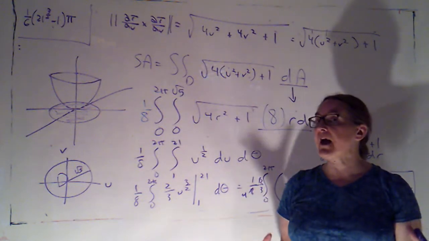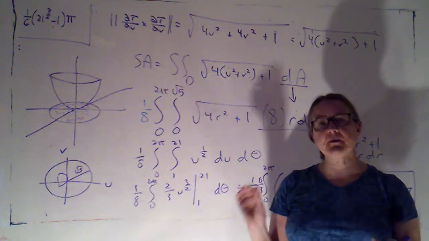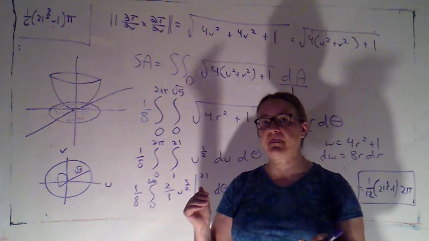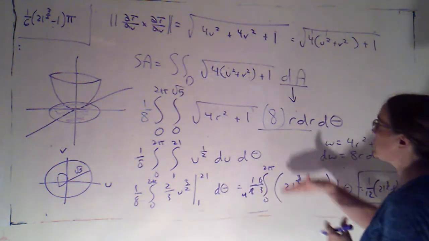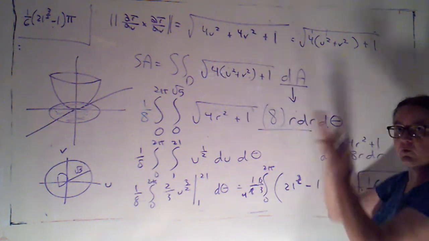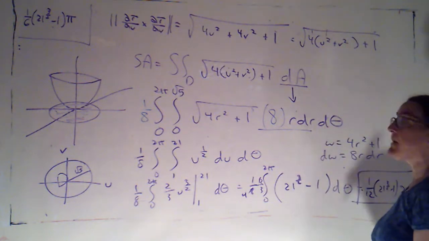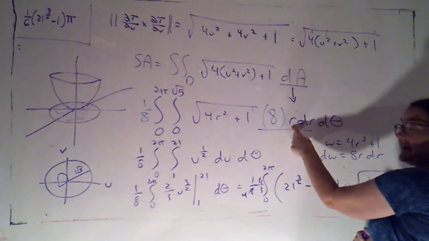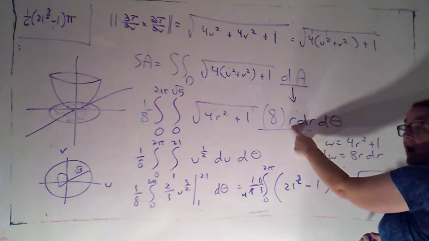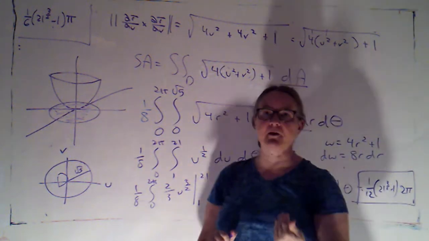What I'm going to do is come back in the next video and do the same problem again, but use the parameterization in terms of r and theta. So we won't be in a situation where we're switching from u's and v's to r's and thetas. We're going to have r's and thetas from the beginning. We should get the same answer, but there won't be this additional factor of r because I'm not going to be switching from one system to the other.